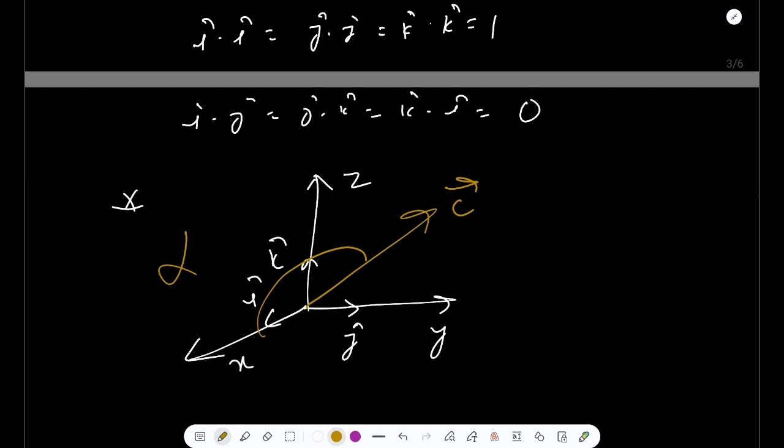Of course, as it looks, this is not equal to 180 degrees. It is some angle, because C is in 3D space.